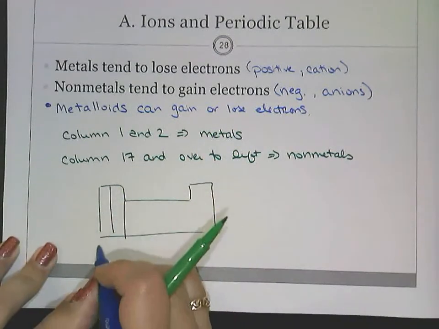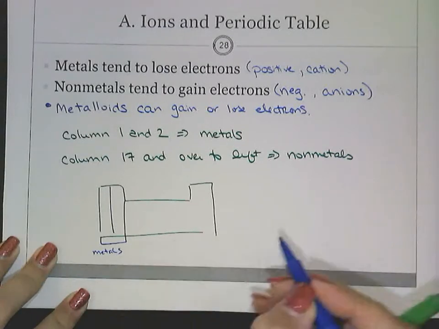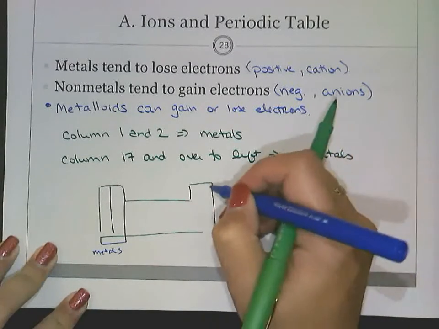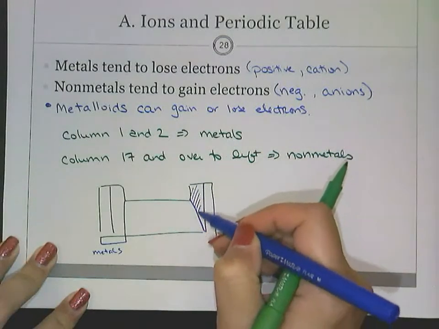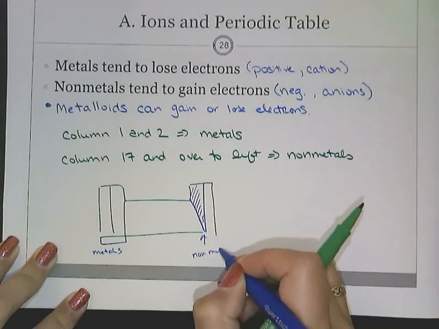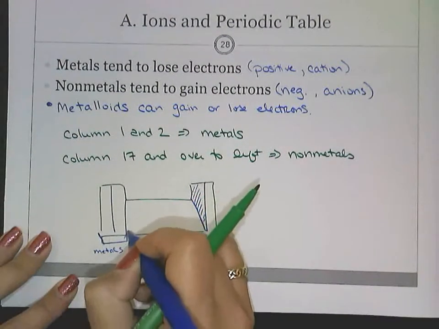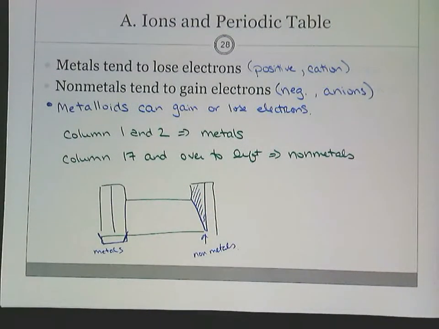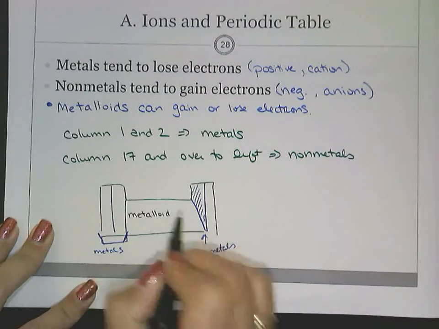These two are metals, that kind of triangle slice are nonmetals, and everybody in the middle here is considered a metalloid.